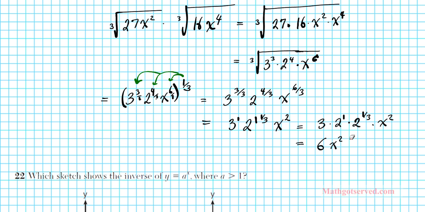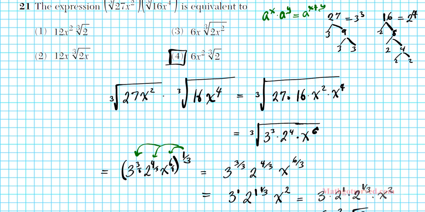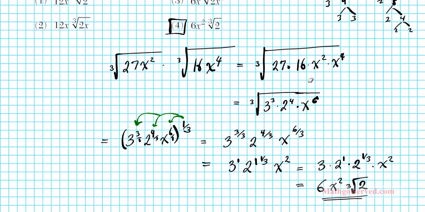So using the nth root property, I can write this as the third root of 2. Okay? So our answer is going to be option number 4, 6x squared times the third root of 2.